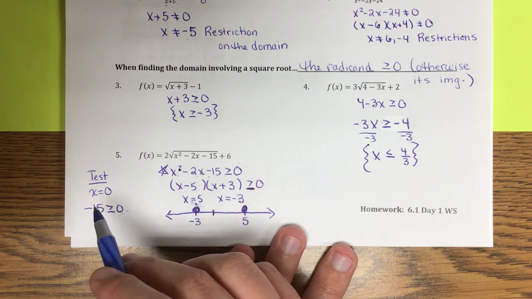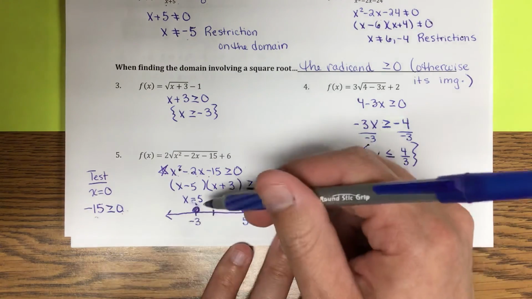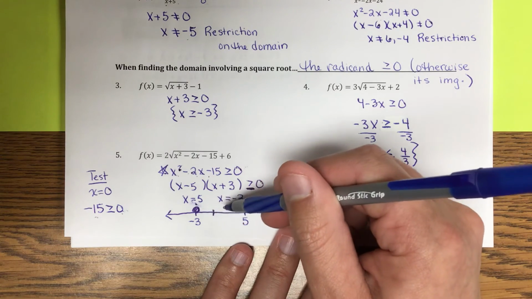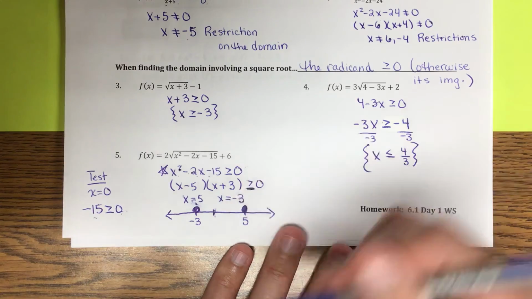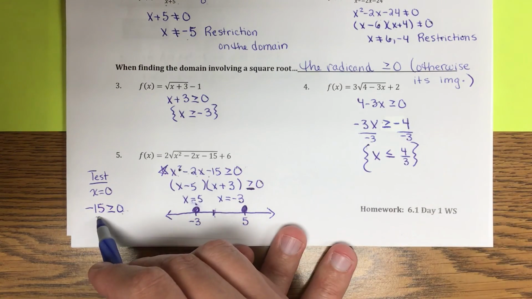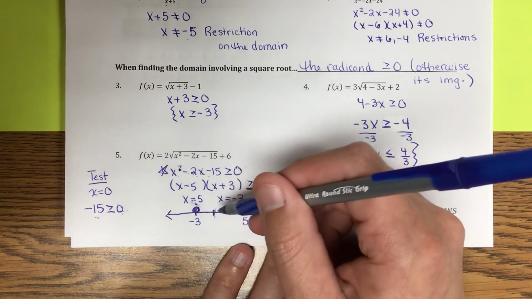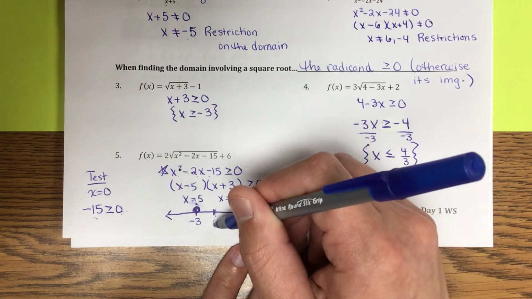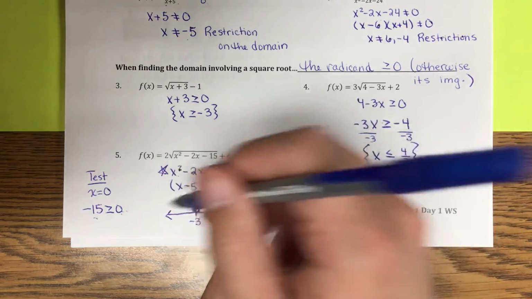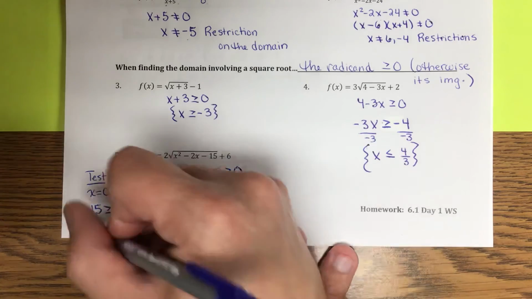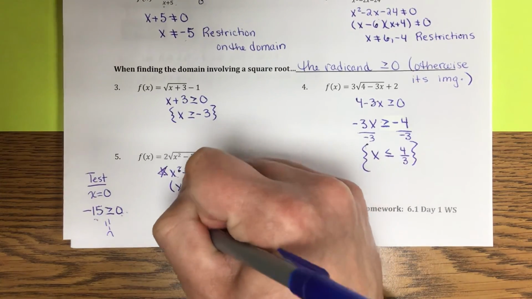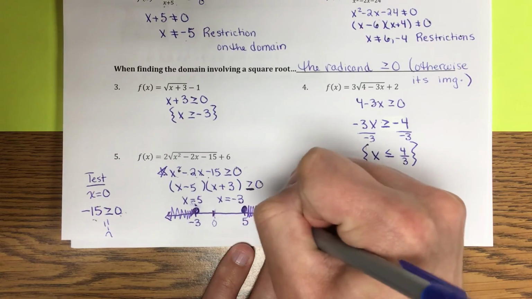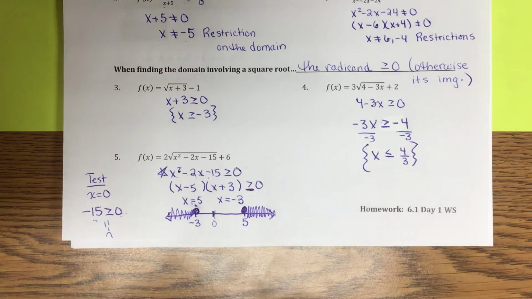If this is a true statement, then I would shade inside or in between these two numbers because that's where 0 is located. If this is a false statement, then I don't shade where 0 is. I shade on the outsides. And you'll notice that this is a false statement. So then I would shade here and here. It's a much faster way than using the graph of the parabola.